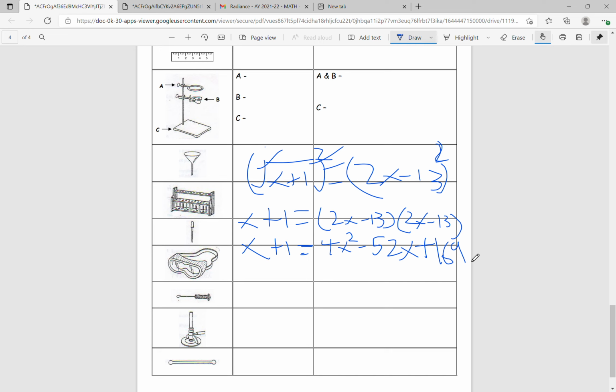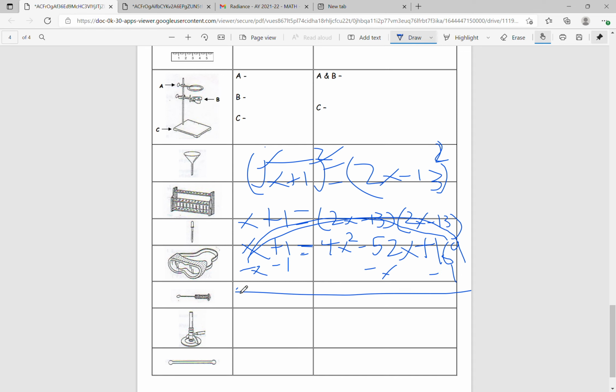Now, what I recommend doing is moving everything on the left side all the way to the right side. I recommend moving x plus 1 to the right side. And as we subtract both sides by x and by 1, the signs will obviously change.